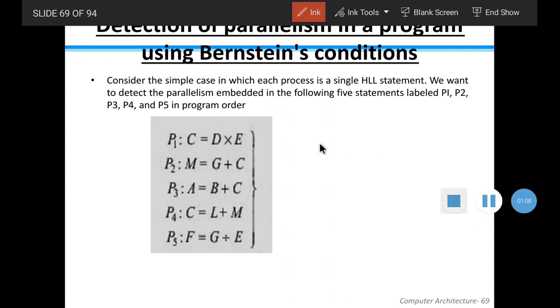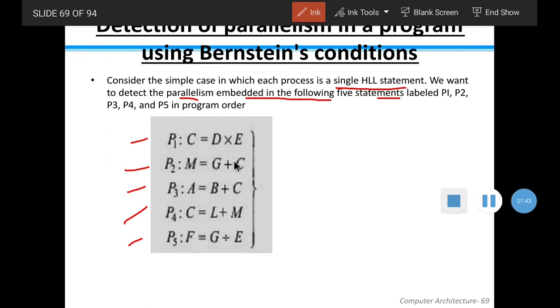We will understand Bernstein's conditions with an example. Consider the simple case in which each process is a single high level statement. We want to detect parallelism embedded in the following five statements, labeled P1, P2, P3, P4, P5.